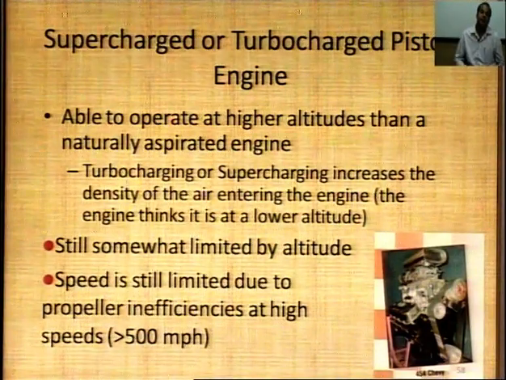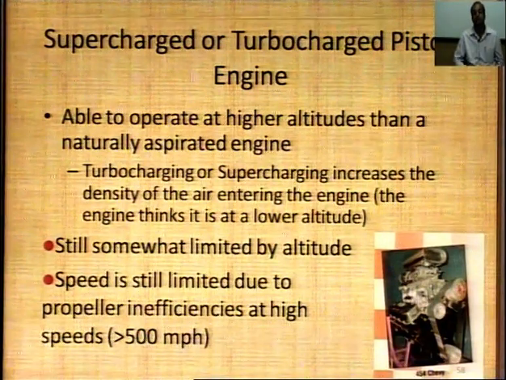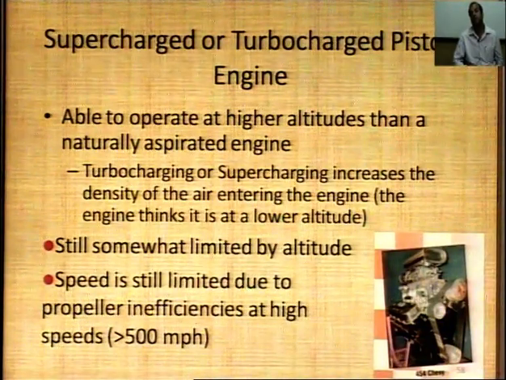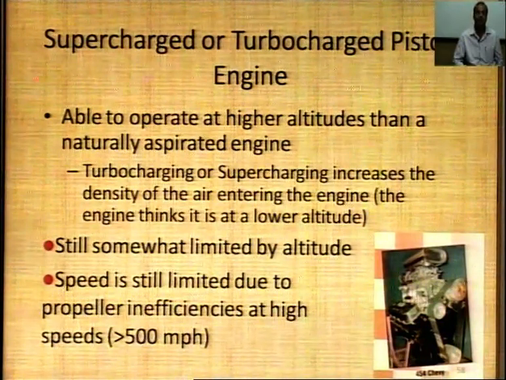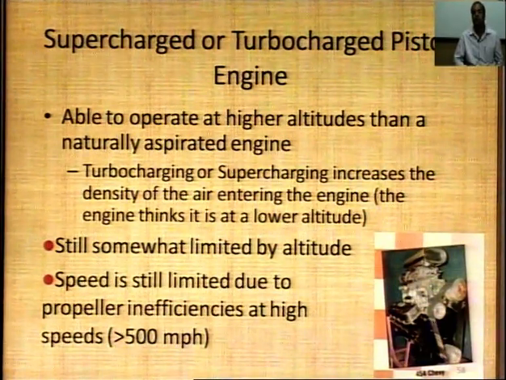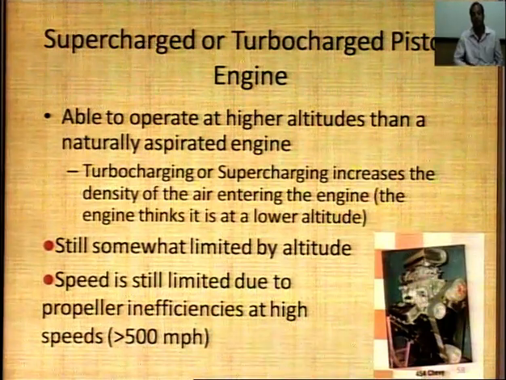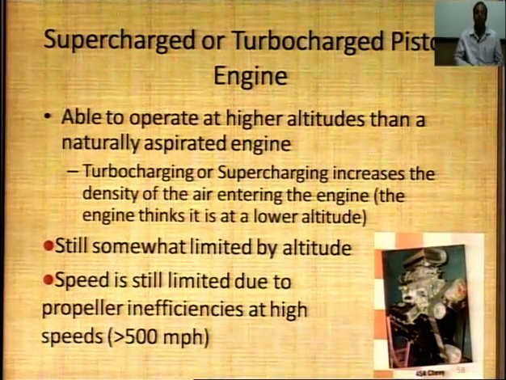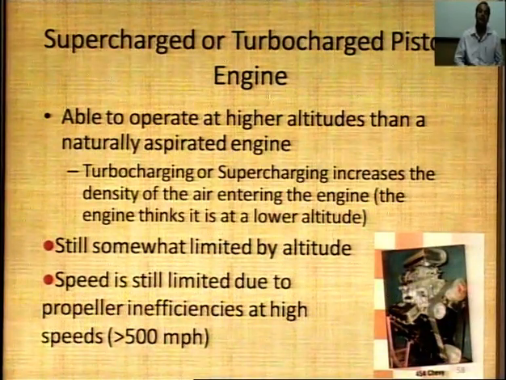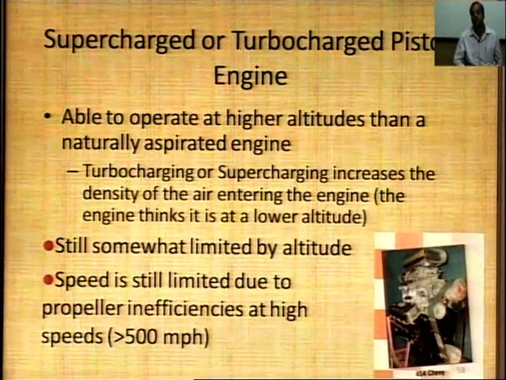Turbocharging and supercharging increases the density of the air entering the engine, which is the major drawback of the older engine. Next, it is still somewhat limited by altitude, and speed is still limited due to propeller inefficiencies at high speed, at less than 500 miles per hour.